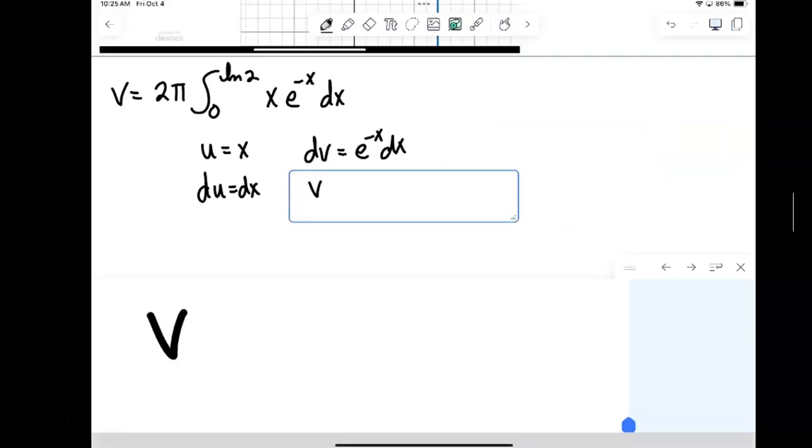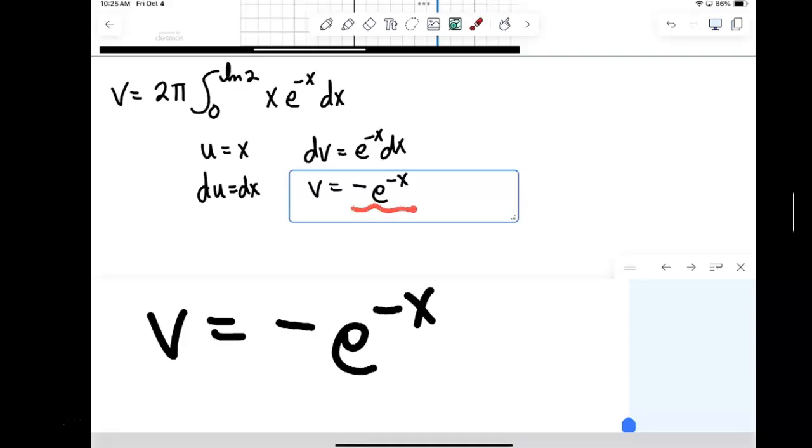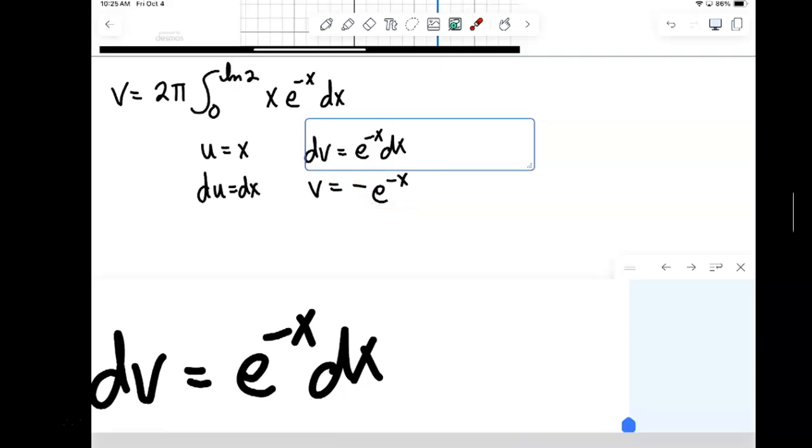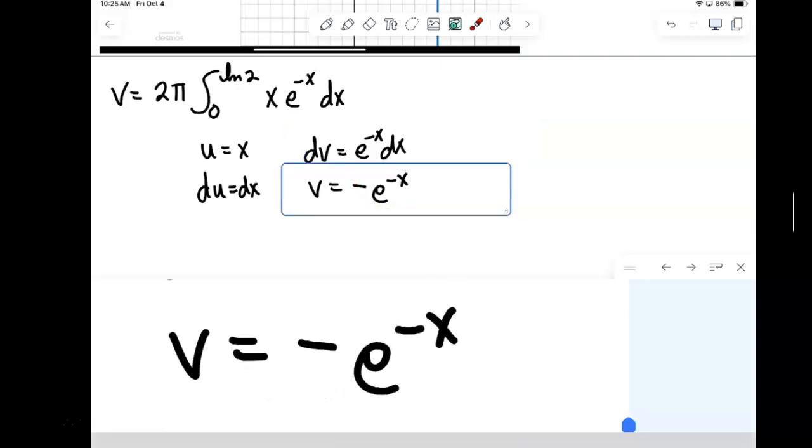So when we integrate, we're going to have a negative, and then the integral of that will be itself. That way, if you were to differentiate this again, you'd have itself times the derivative of the negative x, which would become plus, and you'd be back to positive e to the minus x. Okay, so v will be negative e to the minus x.